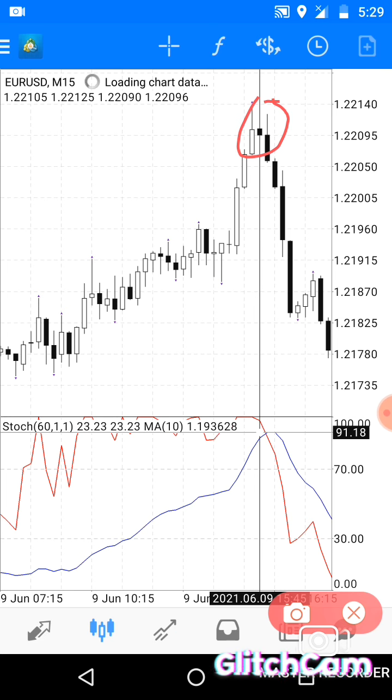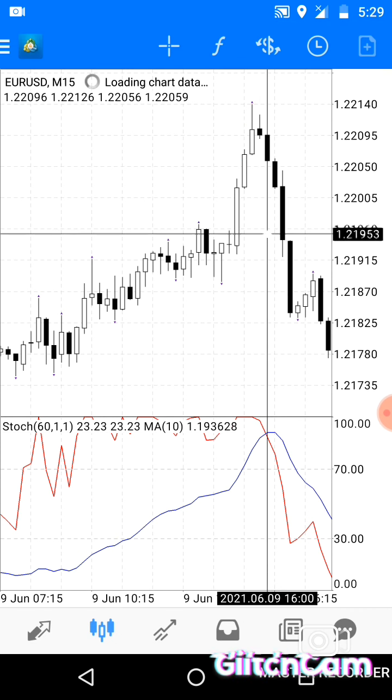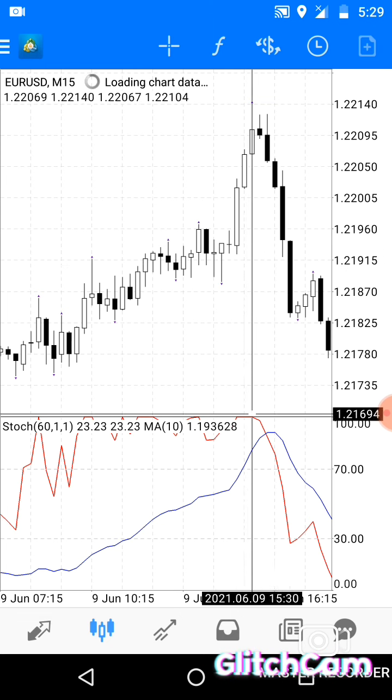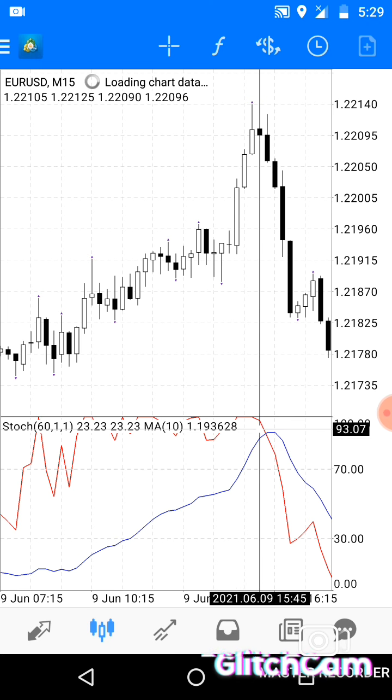Then you see a down candle, then you enter the market. By somewhere here you enter, and by somewhere here you are out of the market. At that time, the moving average and the stochastic will cross each other. So this is how you can enter the market, the best entry and exit point of the market.